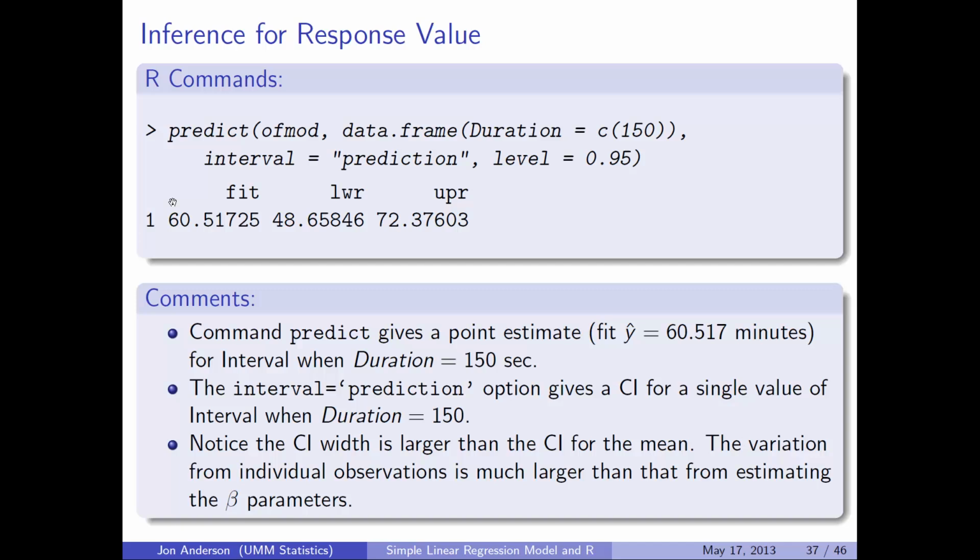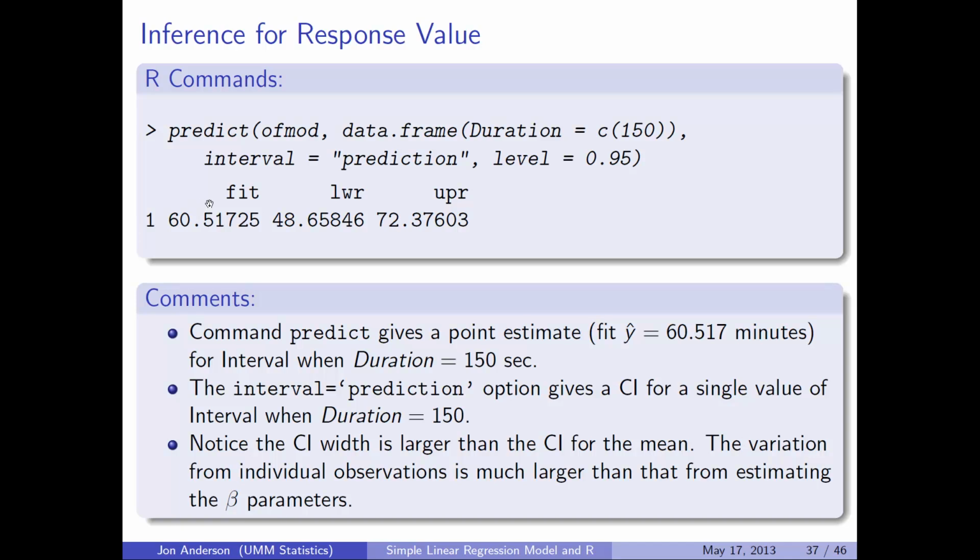You'll notice what happens to the output. The estimated single best value of how long you're going to have to wait is still 60.5 minutes, just like it was previously. This is the best single number that you can give for how long you're going to have to wait.